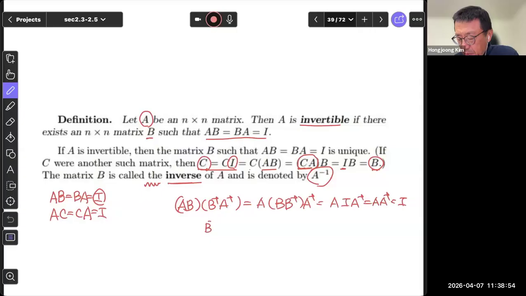So this B inverse A inverse is the inverse of A times B, right?